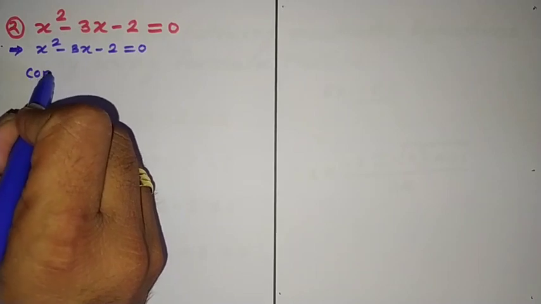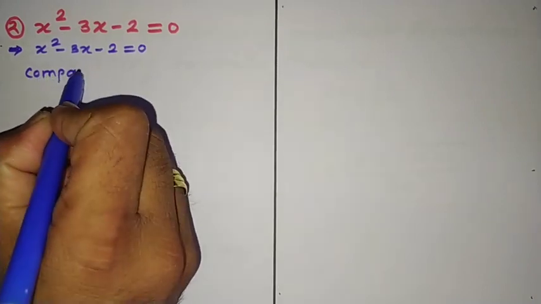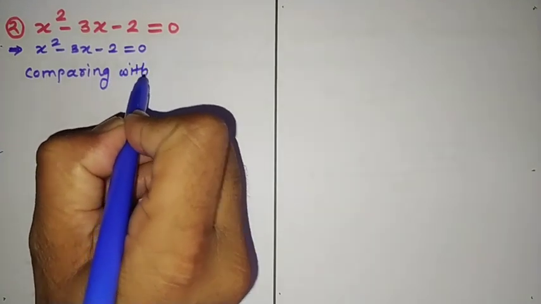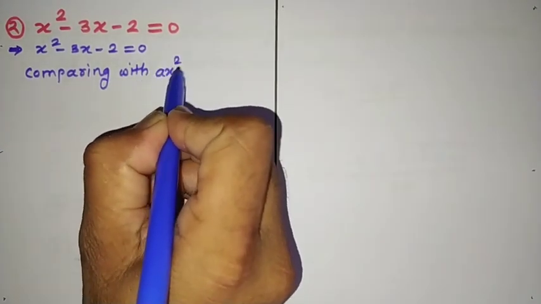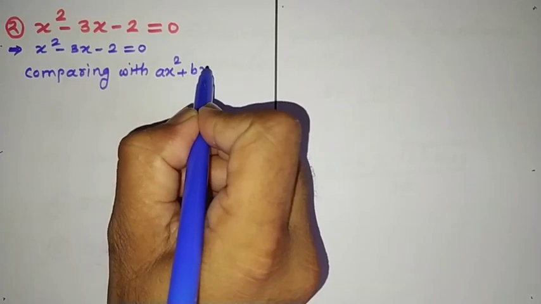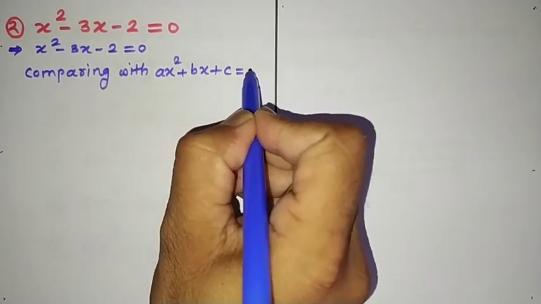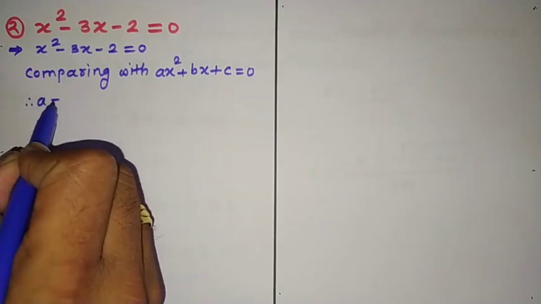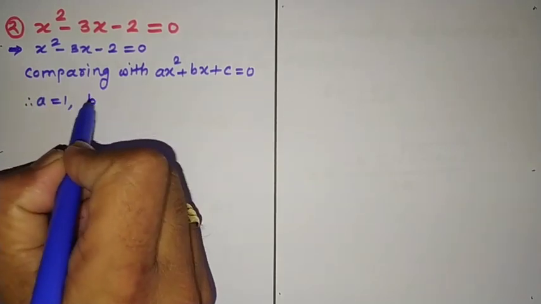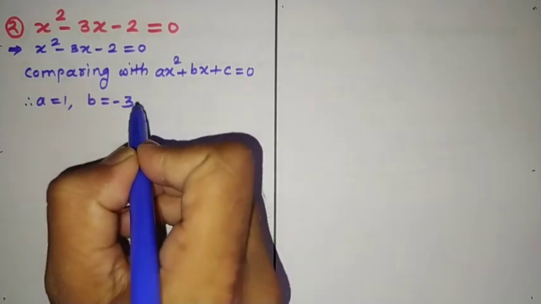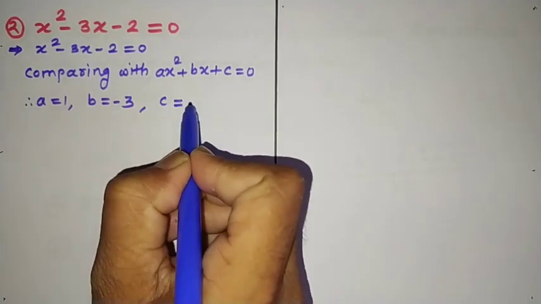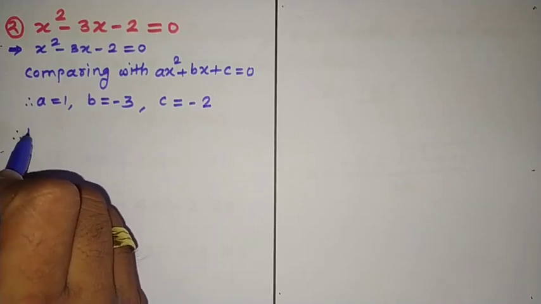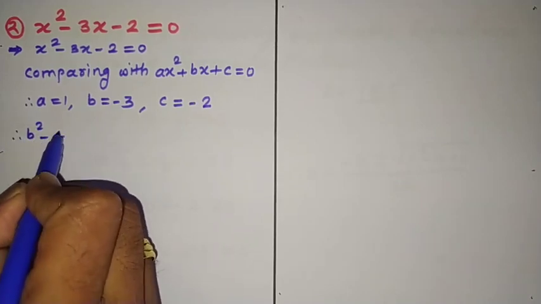Comparing with ax square plus bx plus c is equal to 0, write down the values: a is equal to 1, b is equal to minus 3 and c is equal to minus 2. Find the value of b square minus 4ac.